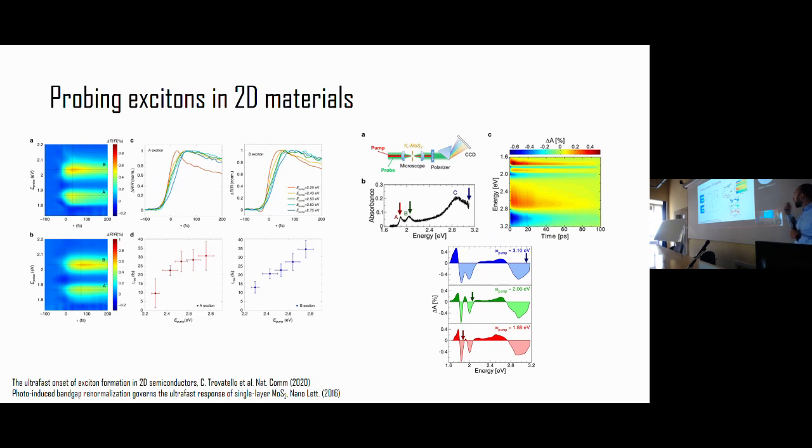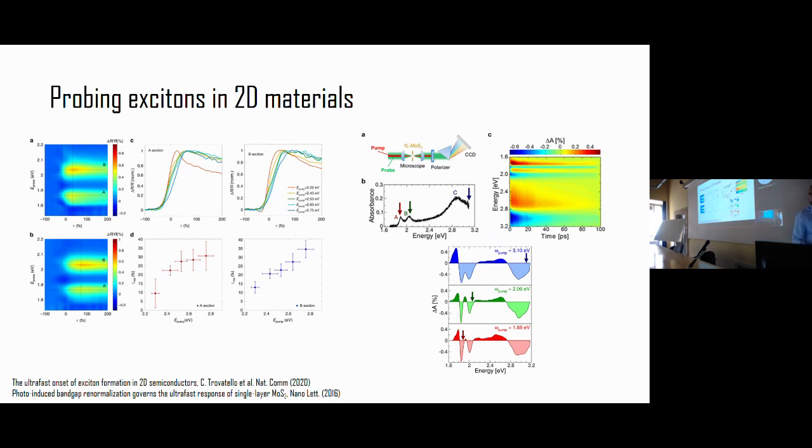And then you can see that you have different times for the differential absorption to come back to the normal, or ground state. You can see that when it goes to the green, it's going to 0.